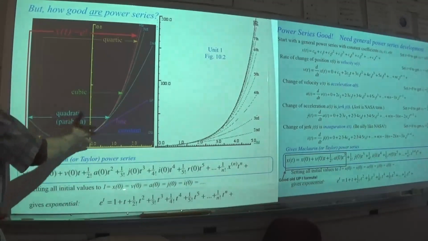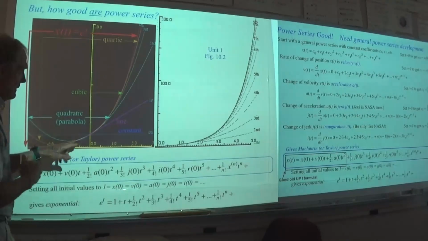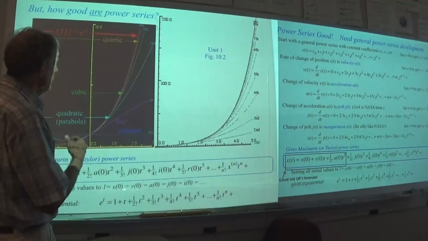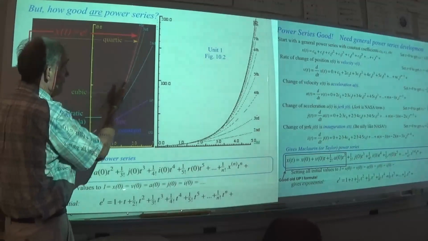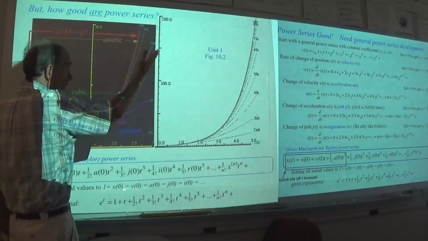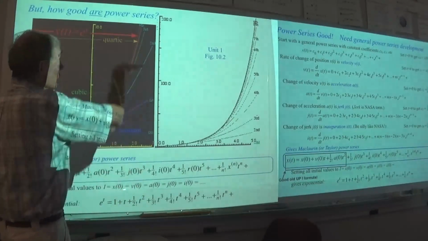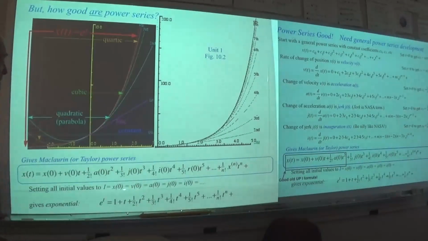But each of these peel off of the exponential pretty quickly, okay? The actual exponential is this red curve. And you see all of these others saying, oh, heck, I can't keep up with that exponential, I'm out of here. I'll go to infinity another way, and the same thing on this side.